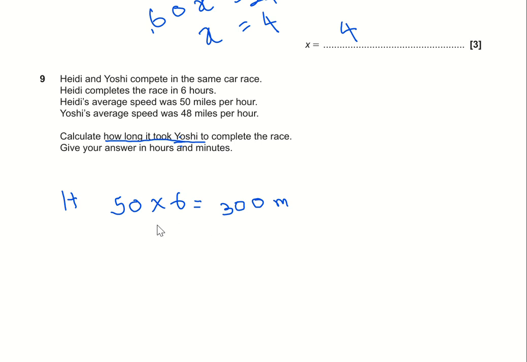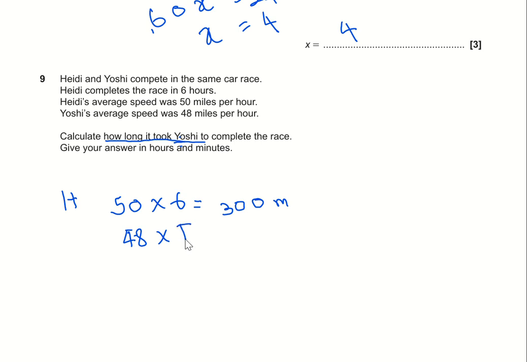Then Yoshi's average speed is 48. So now I need to find out how long Yoshi will take to finish the race. So I know it's 48 times, let's take t.